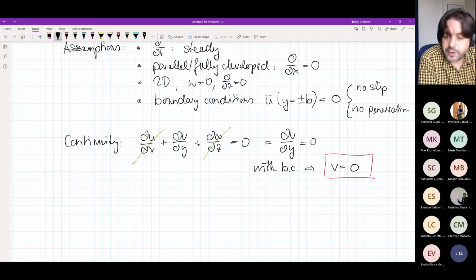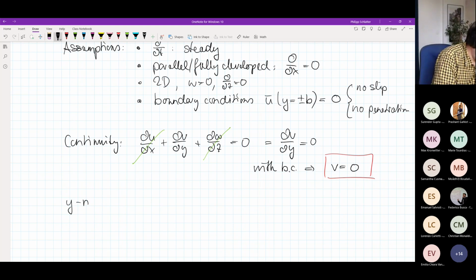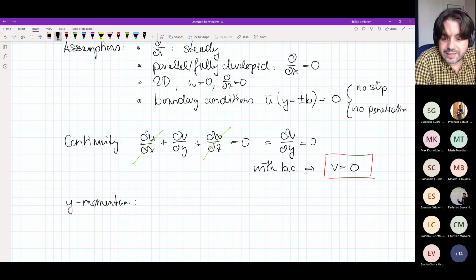Now we need to go to the momentum equations. Also there we start with the y momentum equation. That's what I would always recommend to do. So the wall-normal momentum equation first, because in this case it's very straightforward and I'm not going to write it down.